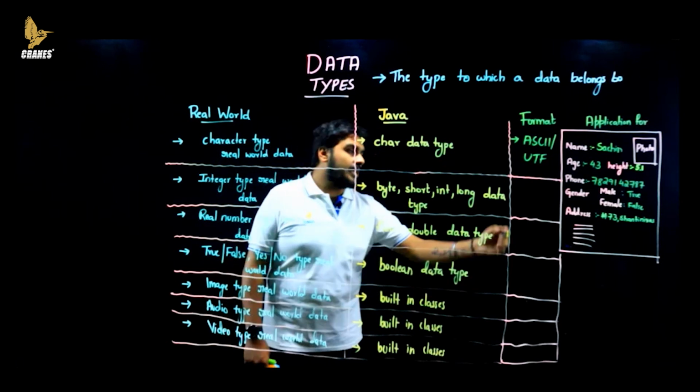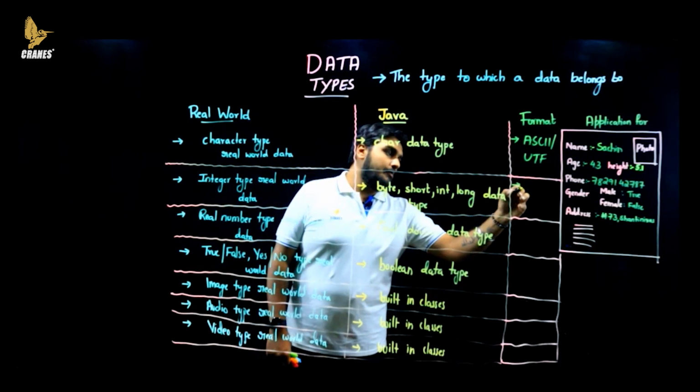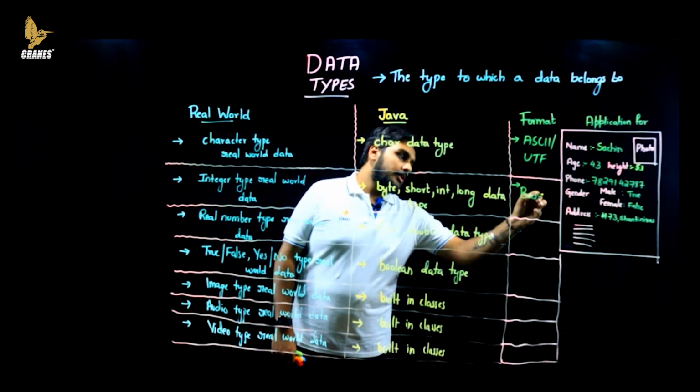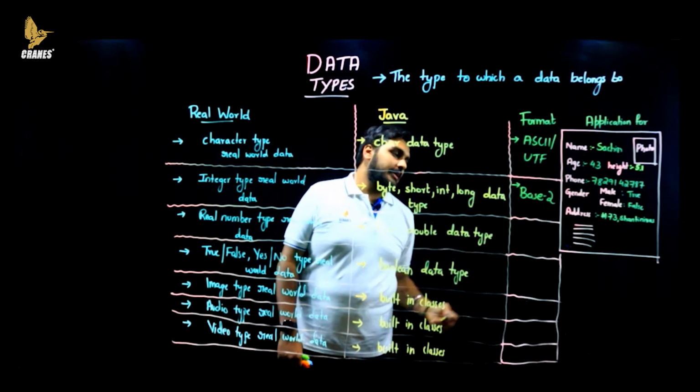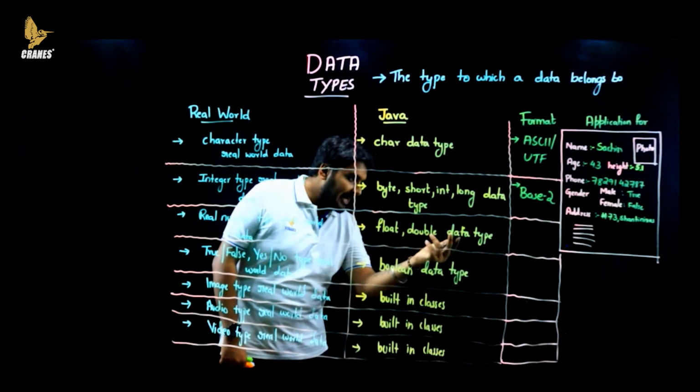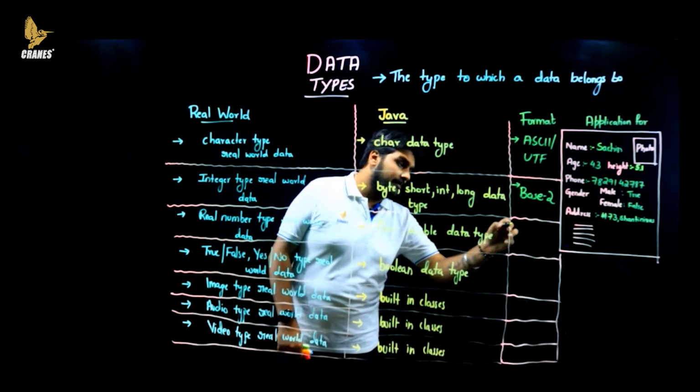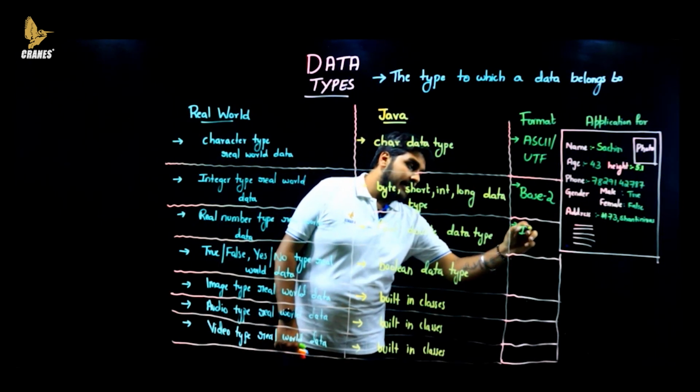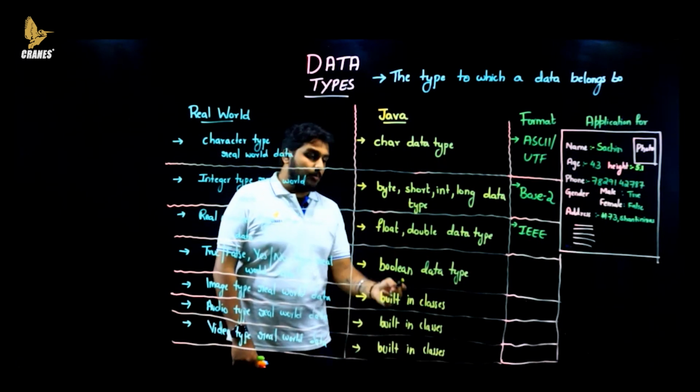For integer, it provides base 2 format. For float and double data type, it provides IEEE format. And what about Boolean data type?